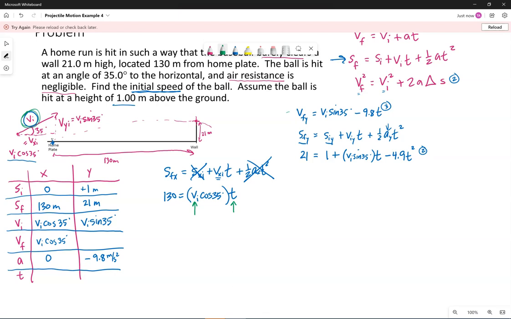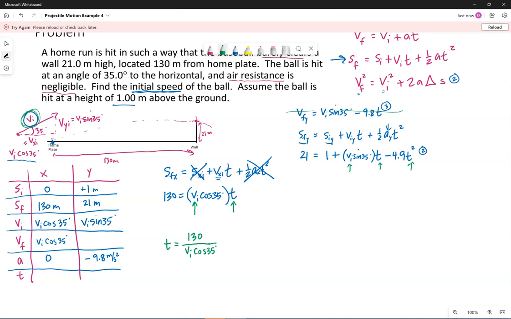So the top equation had 3 unknowns, so I don't even want to bother with that. This middle equation we wrote out has V initial and time. Those are the same as the unknowns I have for the x direction. So this is the one I actually want to use. For the x direction, I'm going to solve for time symbolically, just in terms of these numbers I know and V initial.